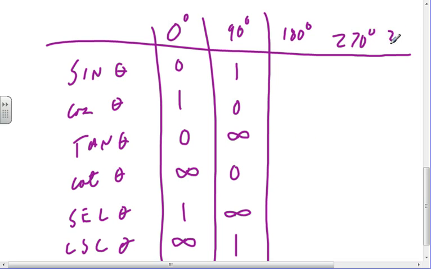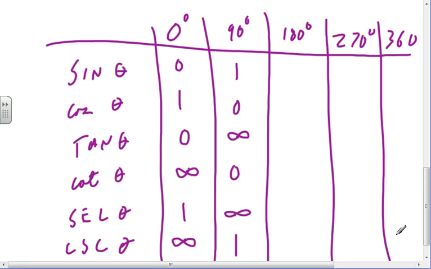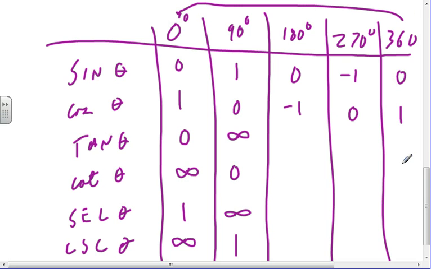I look at 360 degrees. So I have to fill that in? Yes. Oh, bummer. 0, minus 1. Minus 1, 0. 0, 1. This is going to be the same as that over there, so I just do that. 0, infinity, 1, infinity. So I got those guys.